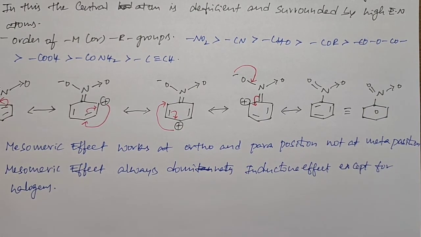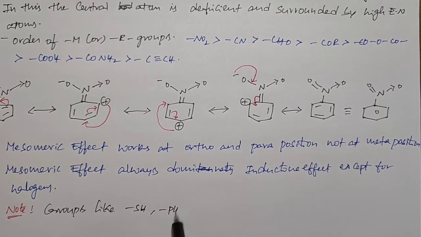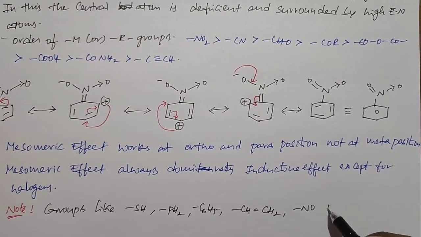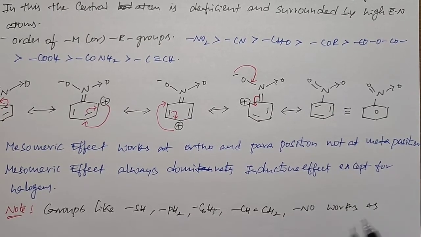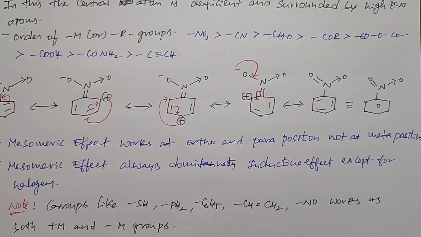Note, groups like SH, PH2, phenyl, vinyl, and nitroso work as both plus M and minus M groups. So this is about the mesomeric effect.